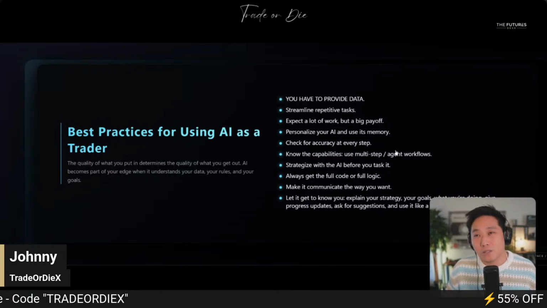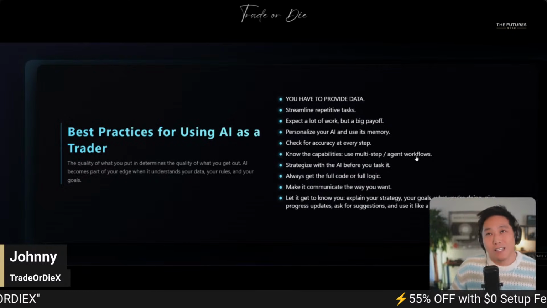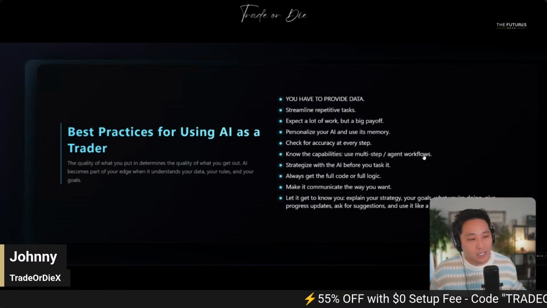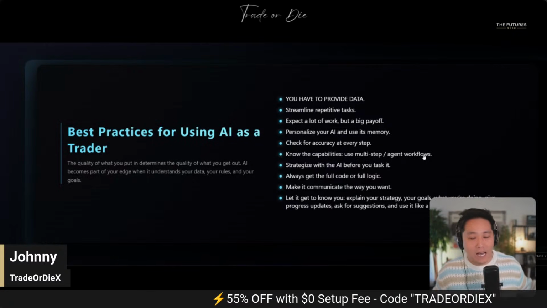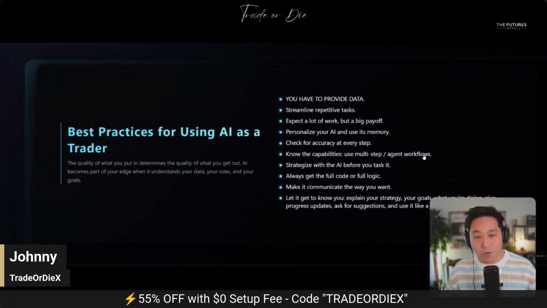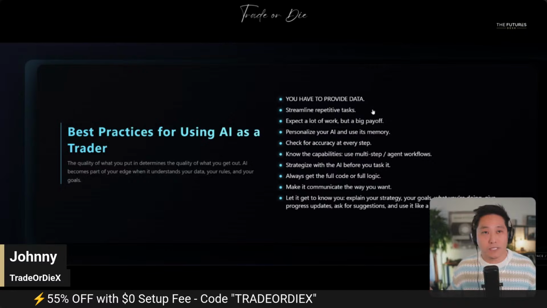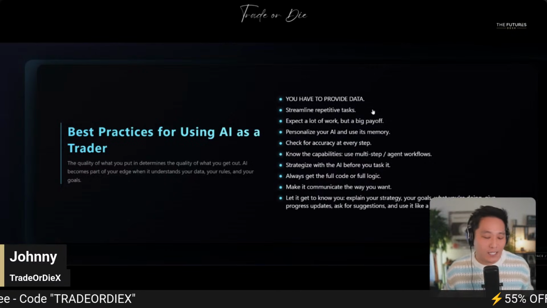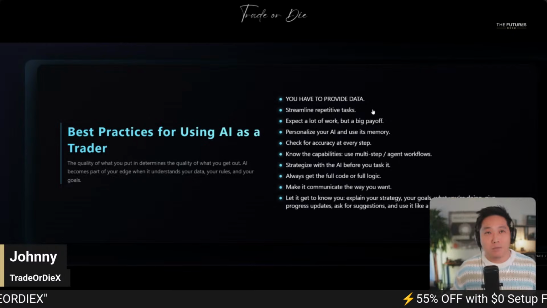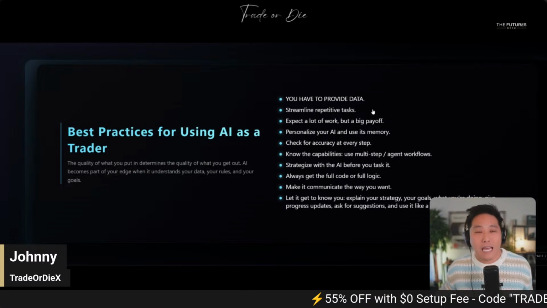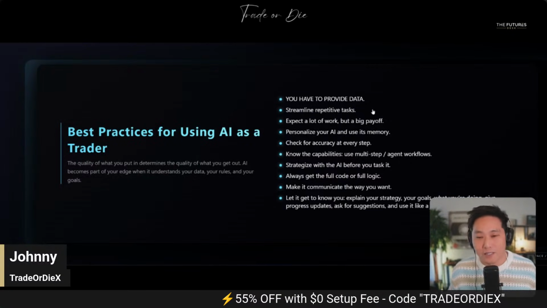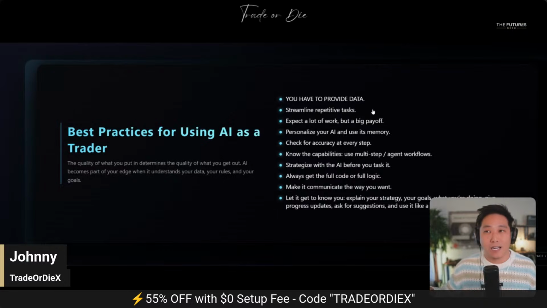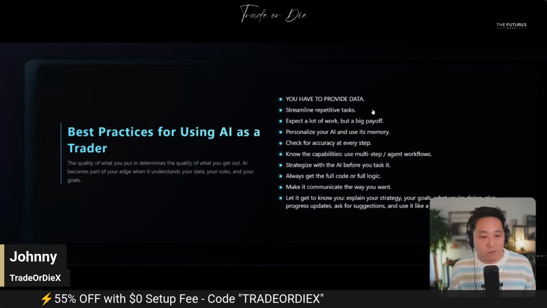Hand that off to ChatGPT agent, because ChatGPT in general right now is pretty decent at handling multi-step processes, but agent is really good at set it and forget it. Here's my objective, this is what I want you to do, and now I'll leave you alone for 30 minutes or 15 minutes, and I'll come back and it's done, and then I can give you feedback.